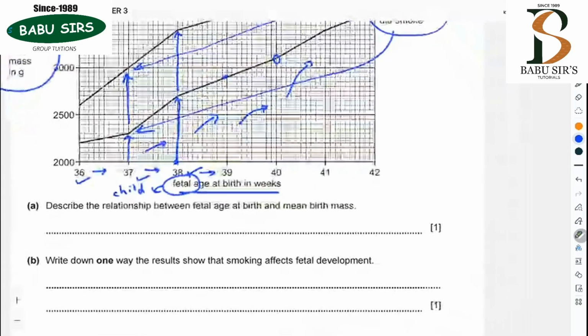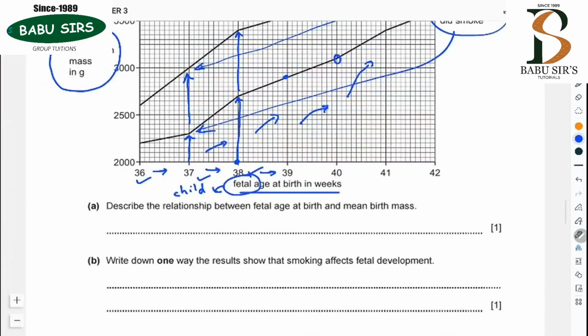So what questions are asked? Describe the relation between the fetal age and the mass. So here you can see in both the graphs that as the fetal age increases, the mean mass also increases.